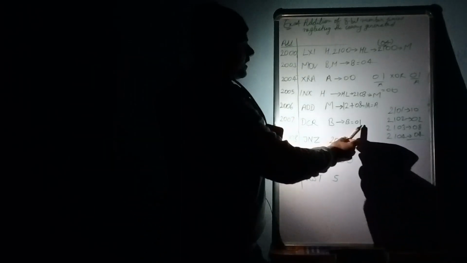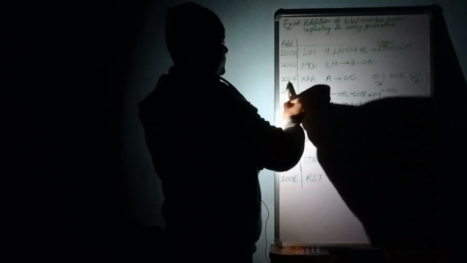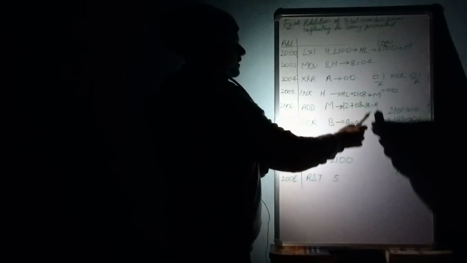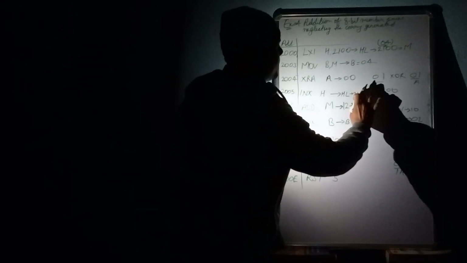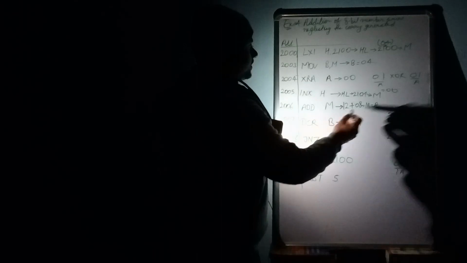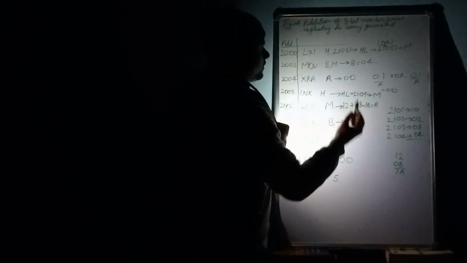Since B here is not 0, it will again jump to 2005. The same process will repeat. So INX H means increment the HL pair. So here you will get 2104. Then add M. So now M means 2104.